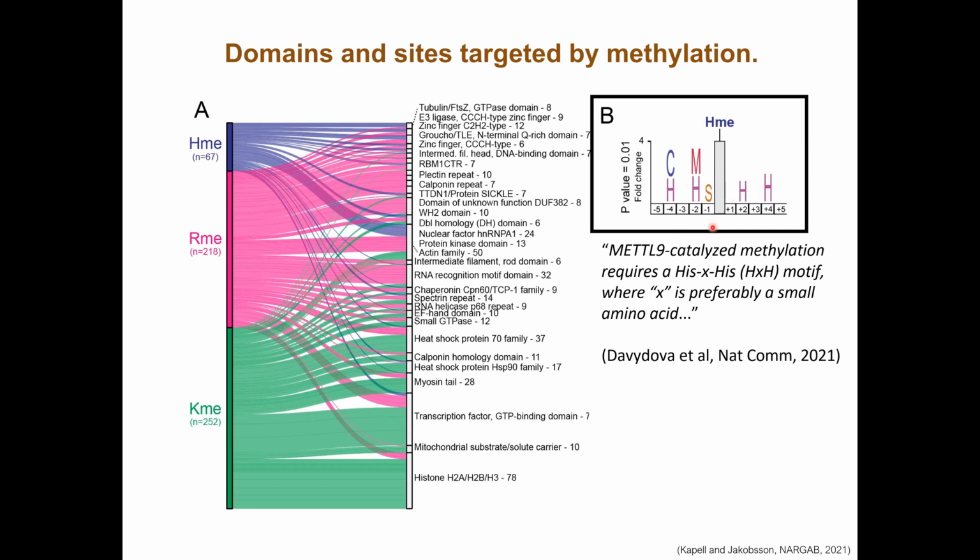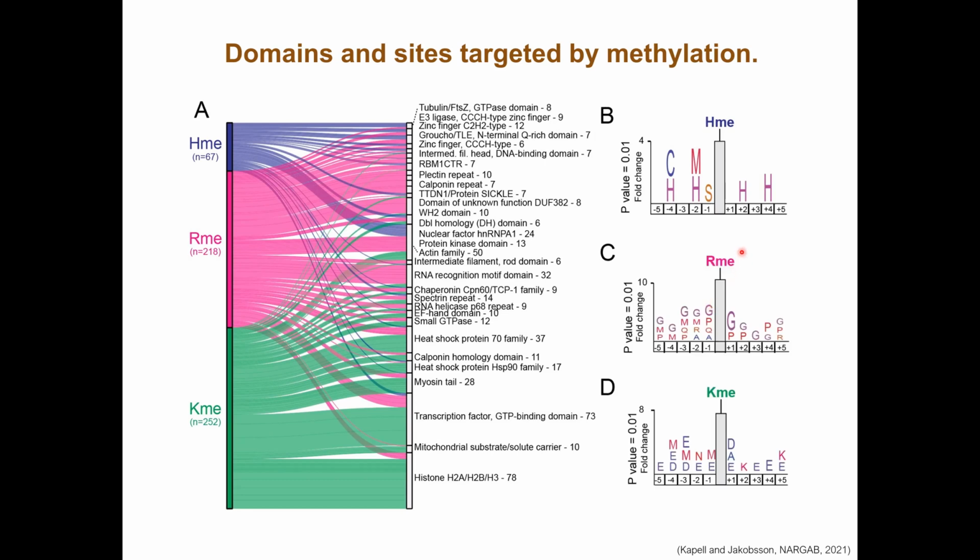In a recent paper in Nature Communications, it was reported that the new histidine methyltransferase METTL9 catalyzes methylation, but it requires a histidine-X-histidine motif where X is preferably a small amino acid. And our identified motif matches perfectly to the motif for METTL9, with a serine spacing the two histidine residues.